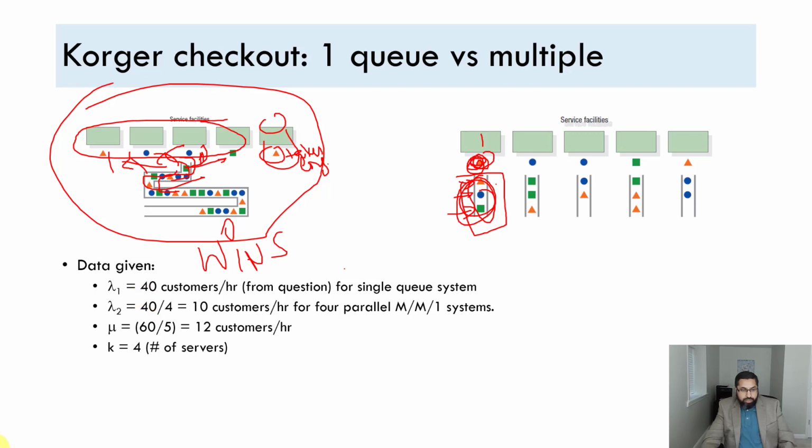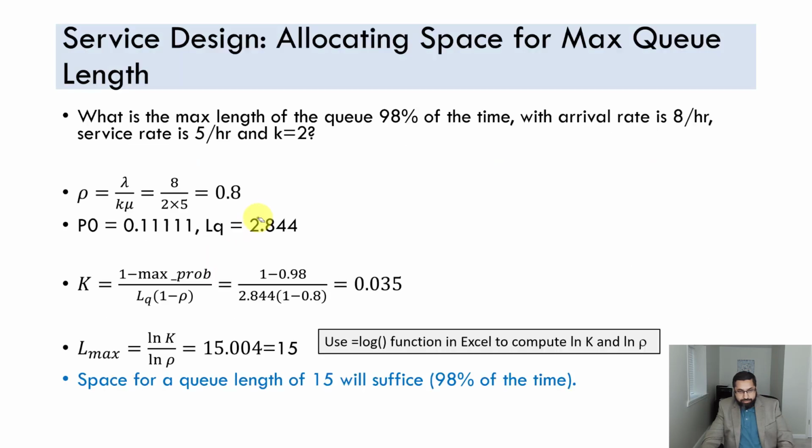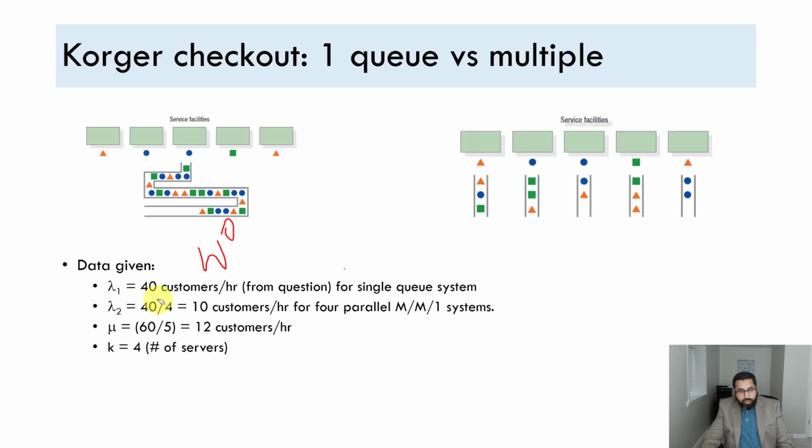The other reason why the single queue system is better, okay, is because think about what happens with the server utilization. Let's say this server right here runs through these 3 guys quickly.